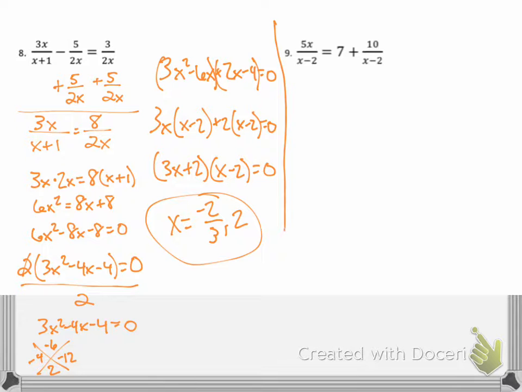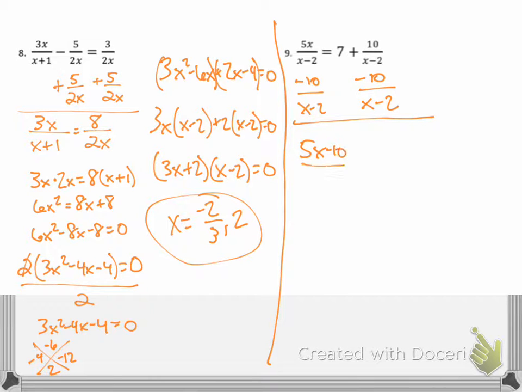And in the last problem, again, two of our fractions have common denominators, so I'm going to put them together. I'm going to move the 10 over x minus 2 by subtraction. So I'd have 5x minus 10 over x minus 2 equals 7. I'm going to rewrite the 7 as 7 over 1 just so it's visually easier to cross multiply.